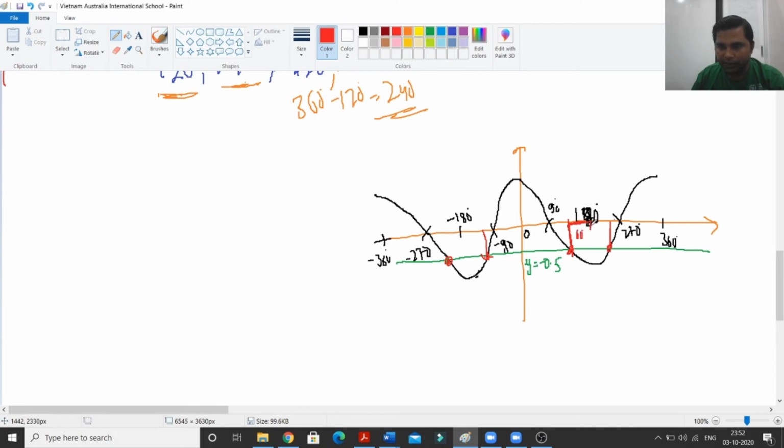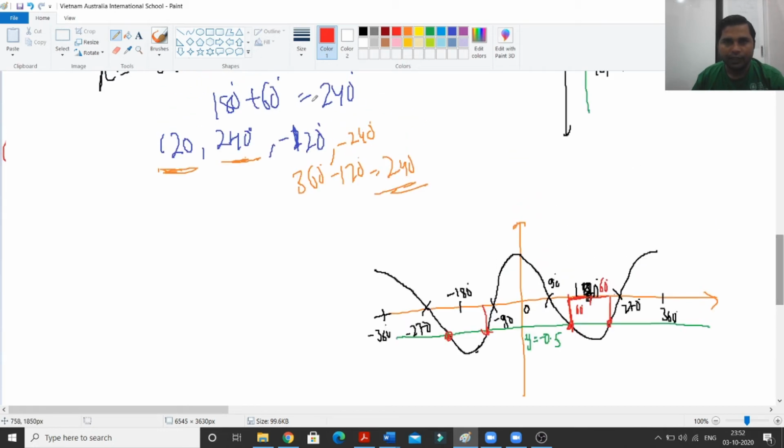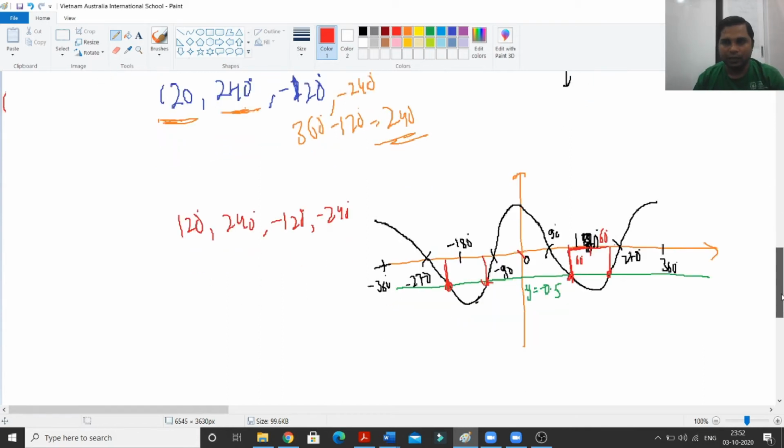If this is 60 degrees, this has to be 60 degrees. So the total angle will be 180 plus 60, which is 240. And if this length is 240, this has to be minus 240. So that's how you get 4 solutions: 120, 240, minus 120, minus 240. Using the calculator and the graph, you can find the answer.